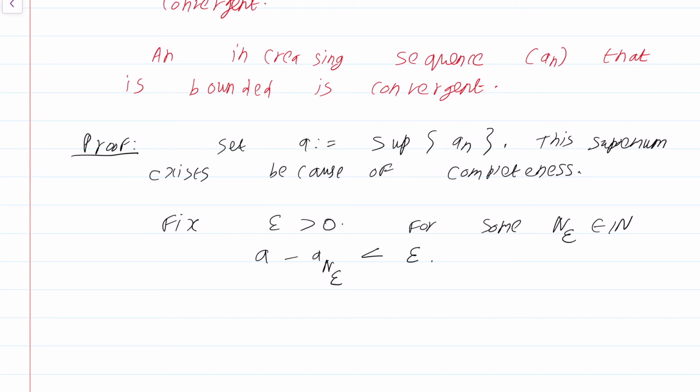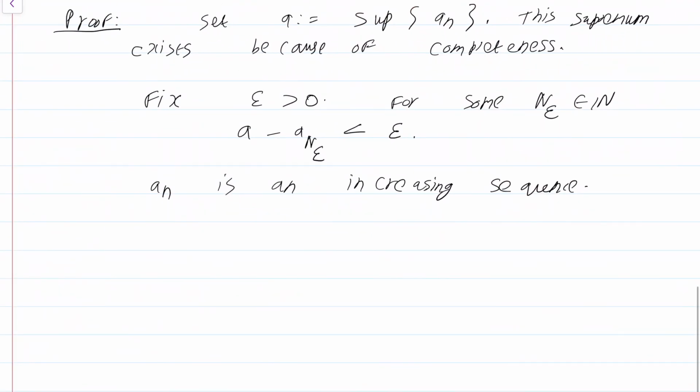Because this is the supremum, there is an element in the set, which we are calling a_n_epsilon, such that A minus a_n_epsilon is less than epsilon. But a_n is an increasing sequence. What will that tell us?